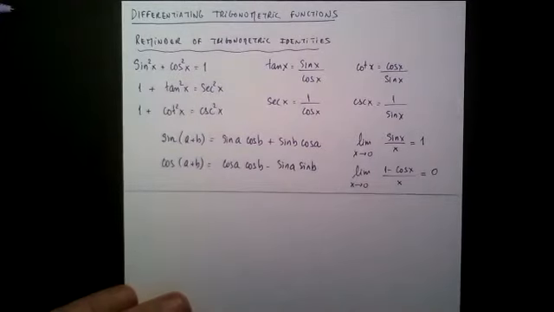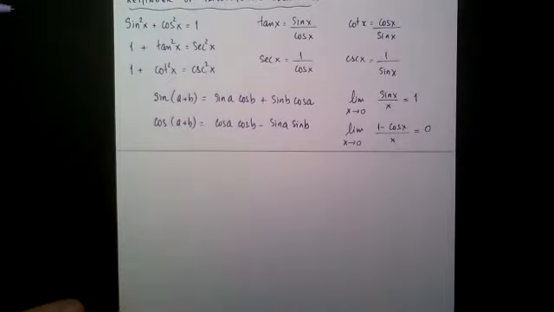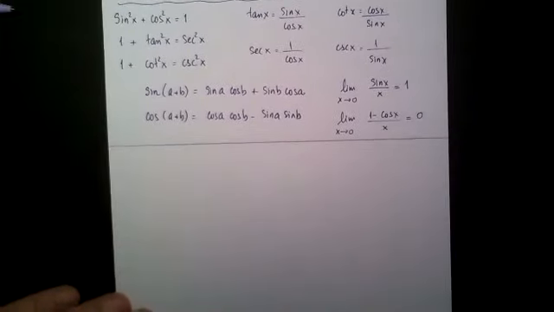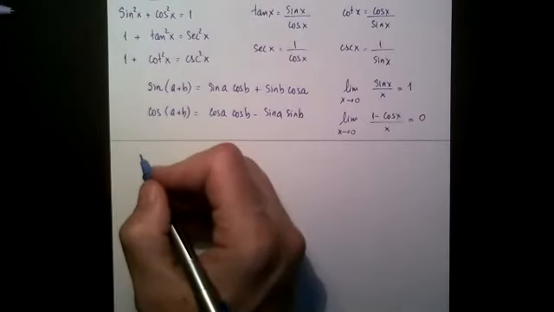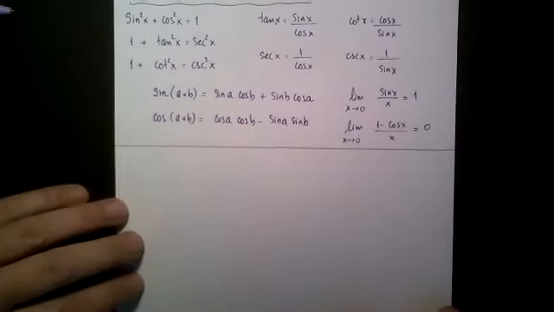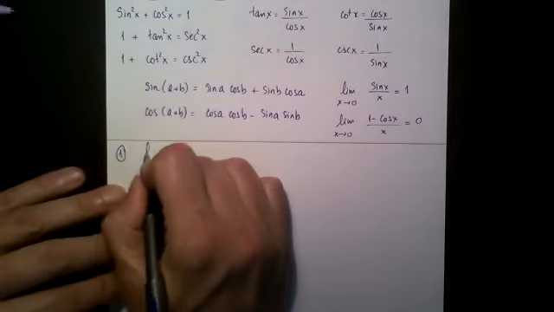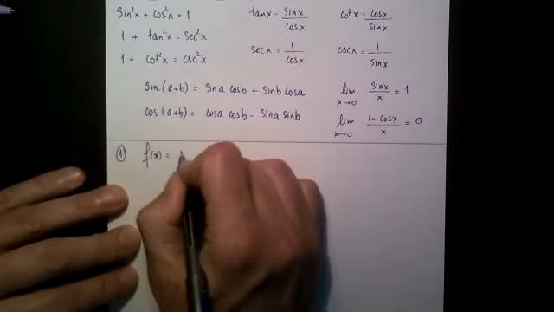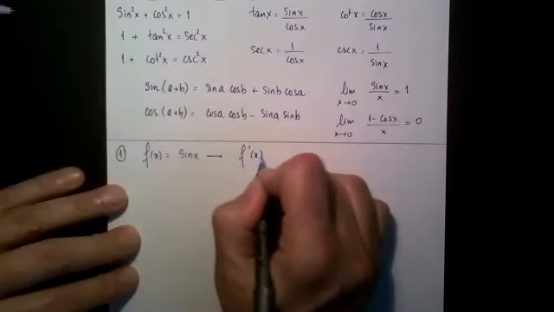Okay, so let's keep this just in the background. And let's go with our first derivative. So first thing, if f of x is equal to the sine of x, then f prime of x.